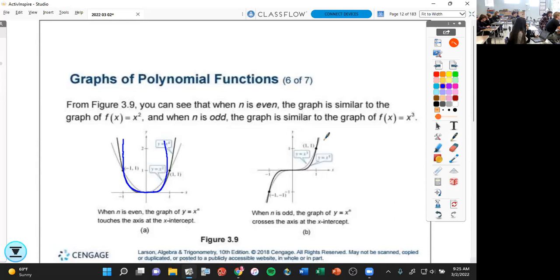Okay, so if we're dealing with a monomial, an even degree only touches the x-axis, whereas an odd degree crosses the x-axis.